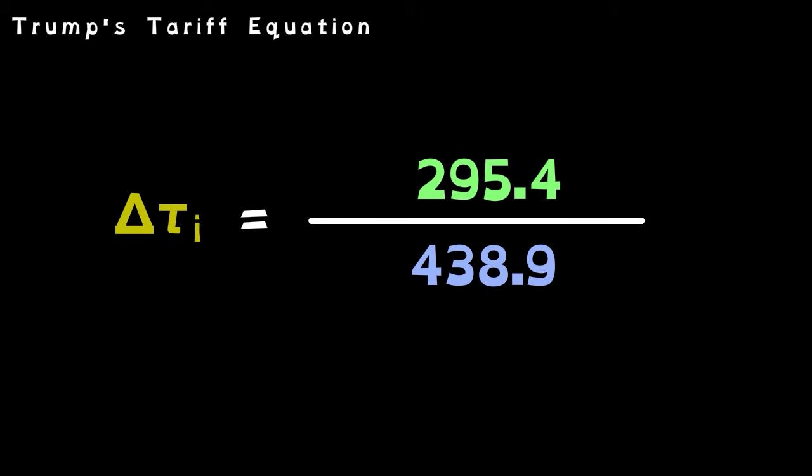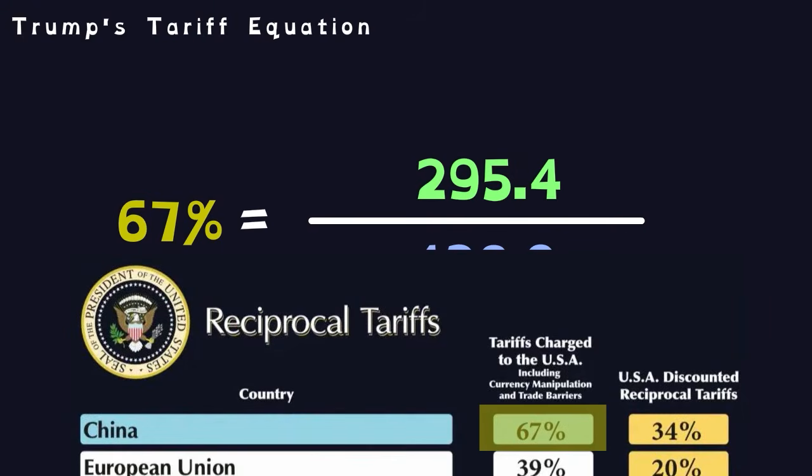Then we divide this by the total imports from China, again $438.9 billion. Then we get a tariff rate of $295.4 billion divided by $438.9 billion, which is around 67%, which is what is shown on Trump's list of tariffs.